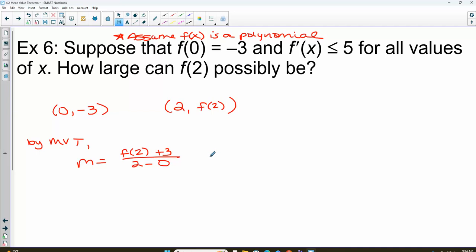Has to equal my derivative. I want to find out how big it can possibly be. What's the biggest my slope can possibly be? 5. So if I'm trying to find my biggest y value, let's set it equal to our biggest slope.